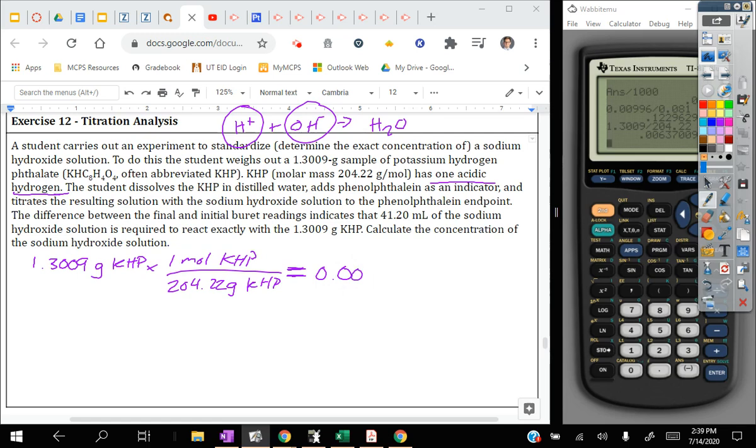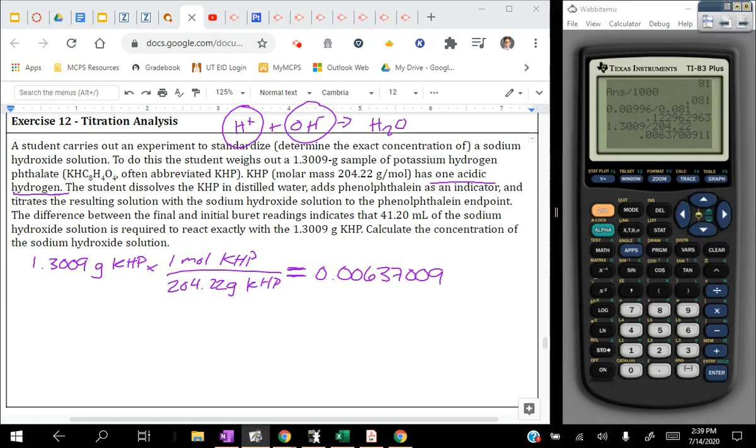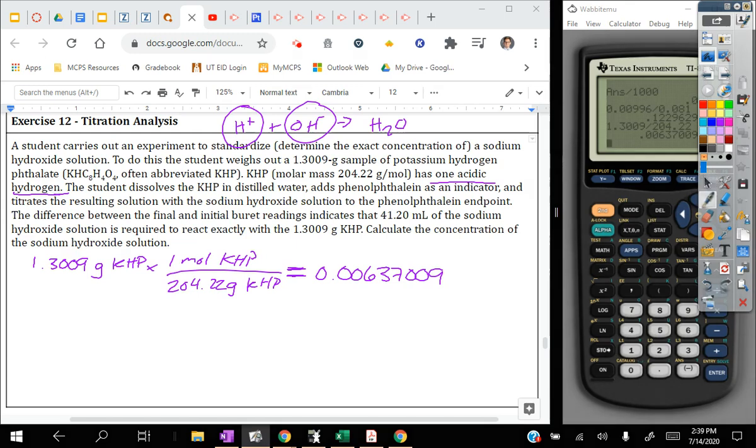I shouldn't round until the very end of my problem. You know what? You're right. I should not round until the very end of my problem. Let's leave that whole thing in the calculator. Moles of KHP. And since that's moles of KHP, that's going to be equal to moles of OH.